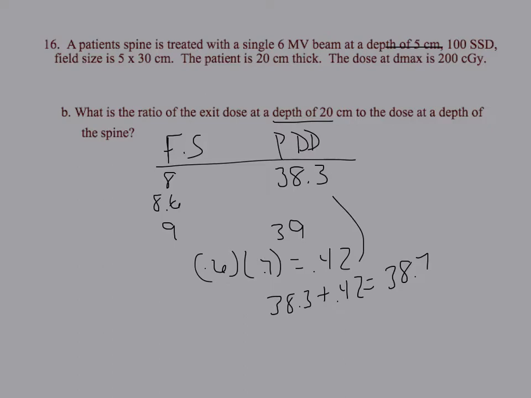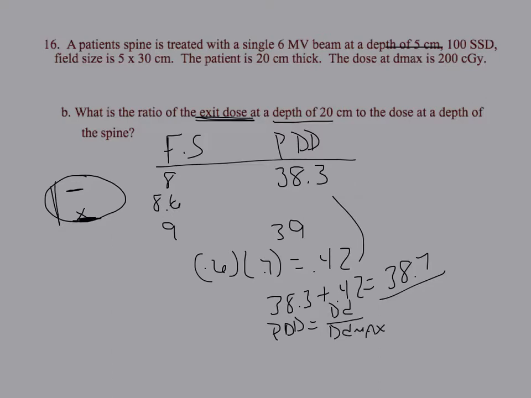But I don't want to know what the percentage depth dose is. I'm asking you what that exit dose is. And being that my spine is right at the surface, at the PA surface of my patient, I can use my percentage depth dose formula. Percentage depth dose equals dose at a depth over dose at Dmax.